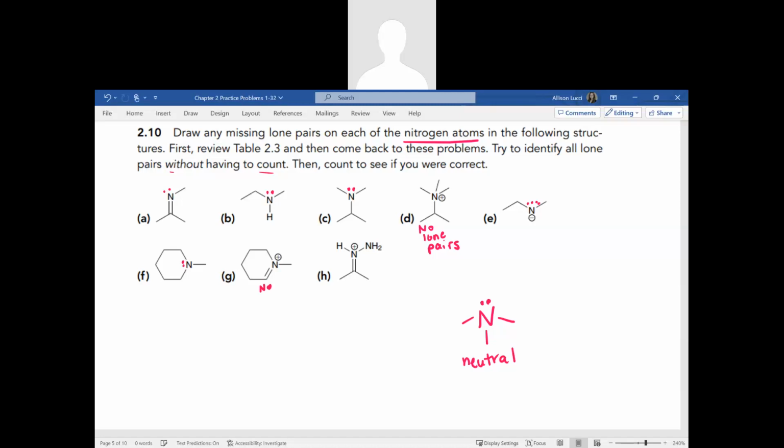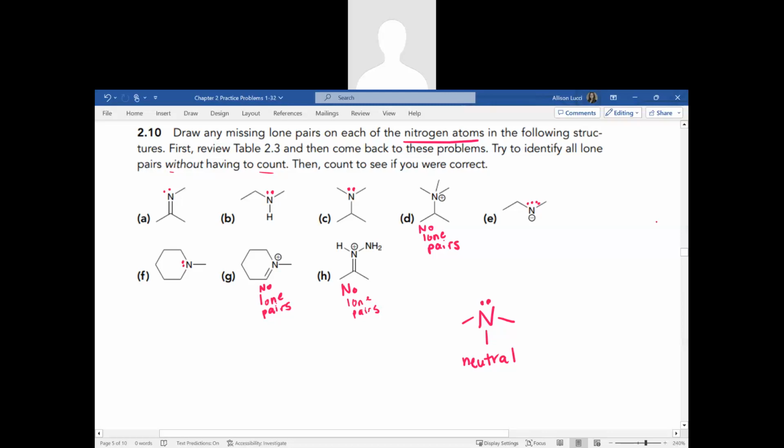So once again, we see no lone pairs on this nitrogen in compound G. And then again, with compound H, we see 2 bonds to a carbon, 1 to a hydrogen, and 1 to another nitrogen. So last for compound H here, we once again see no lone pairs. And this is everything for this question here.